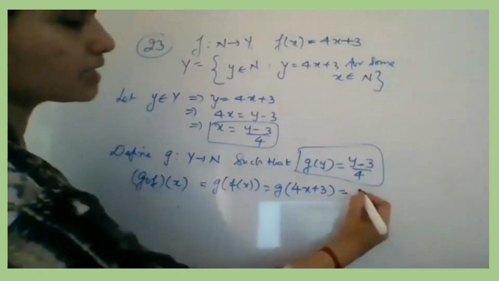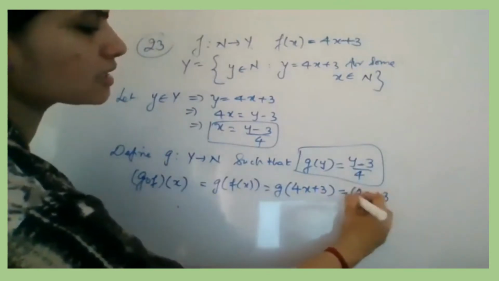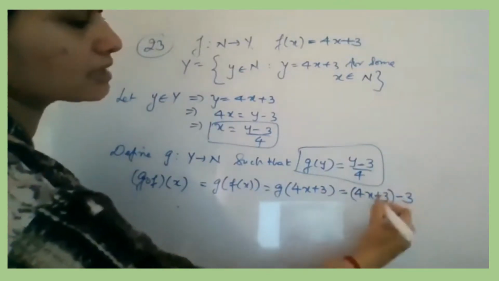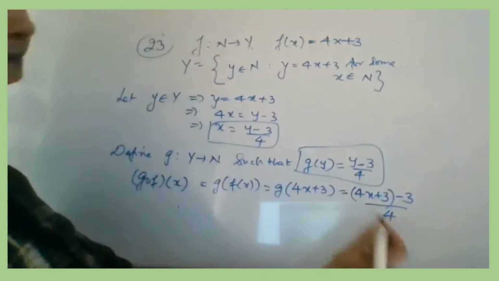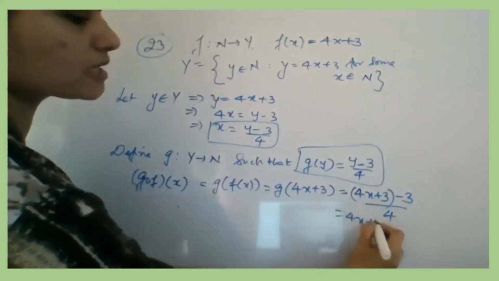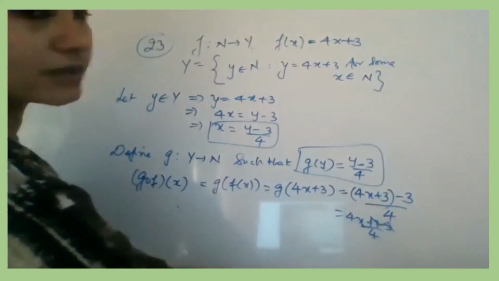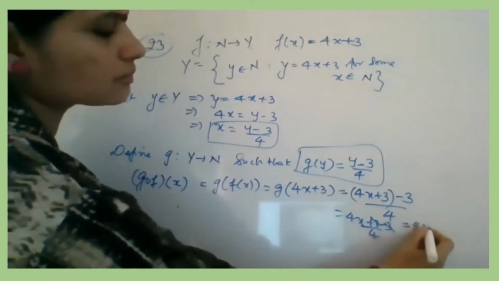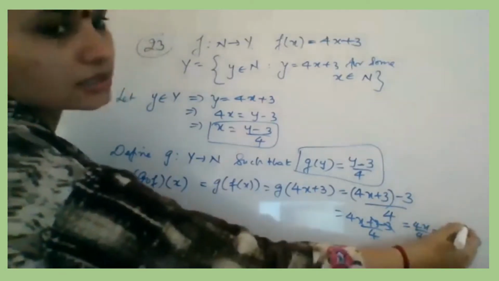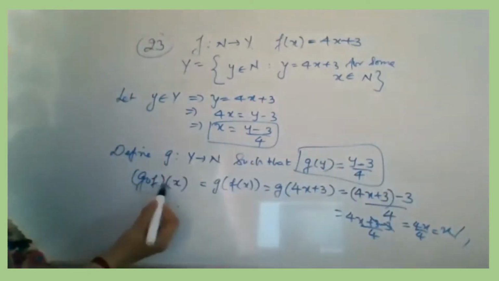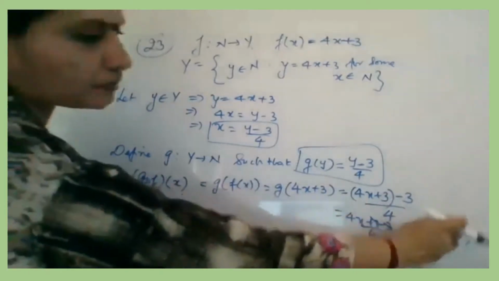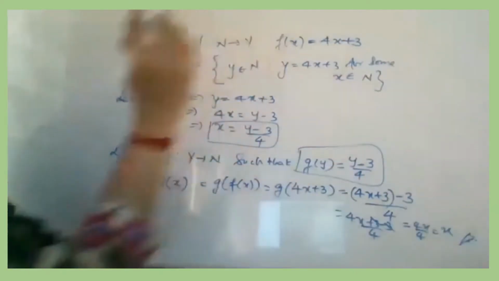So I write 4x plus 3 in place of y, then minus 3, then by 4. Got it? So this is 4x plus 3 minus 3 by 4. The minus 3 and plus 3 cancel, leaving 4x by 4, which means you started with g composition f of x equal to x. Okay, we got that.